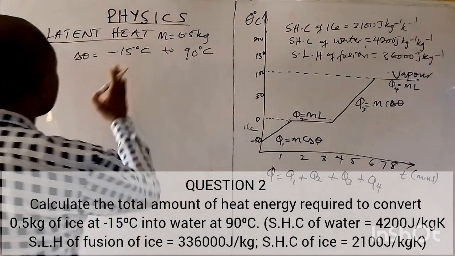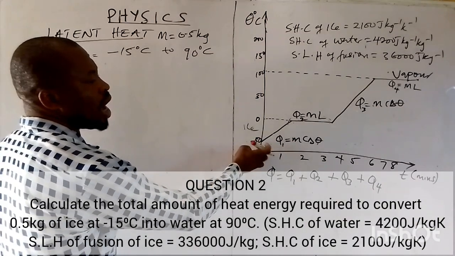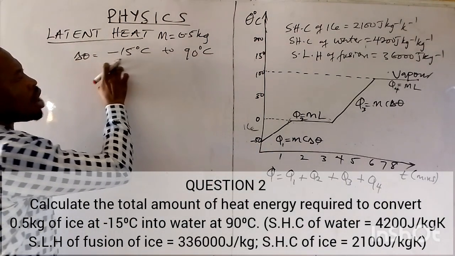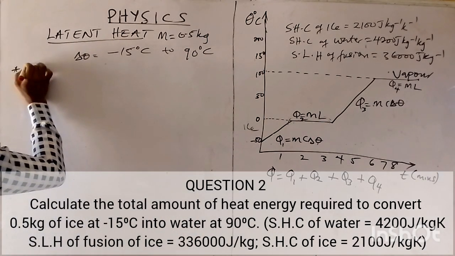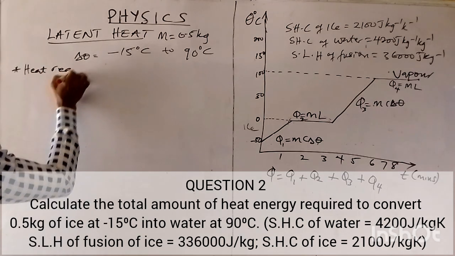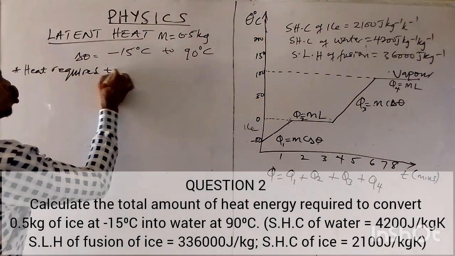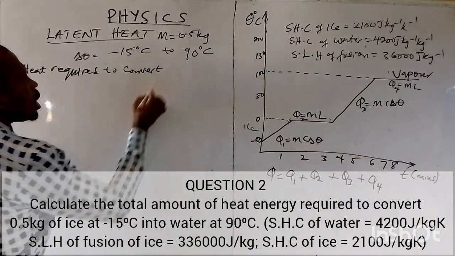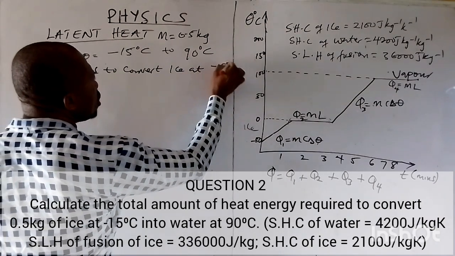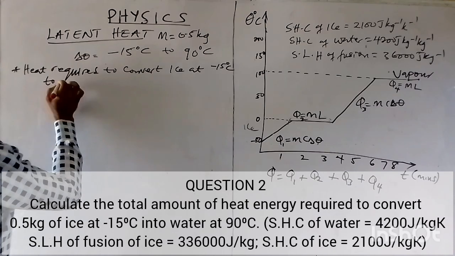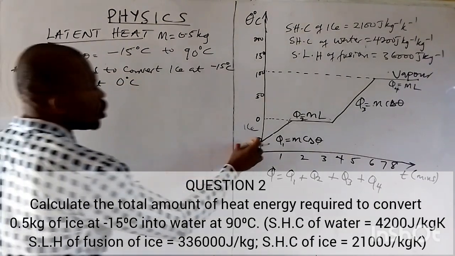With all this in mind, the first thing we are going to do is find the heat required to convert ice at minus 15 degrees Celsius to ice at 0 degrees Celsius.